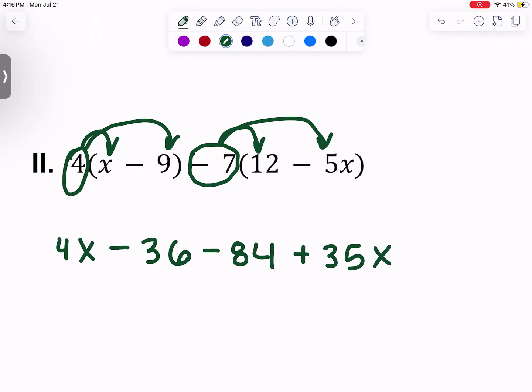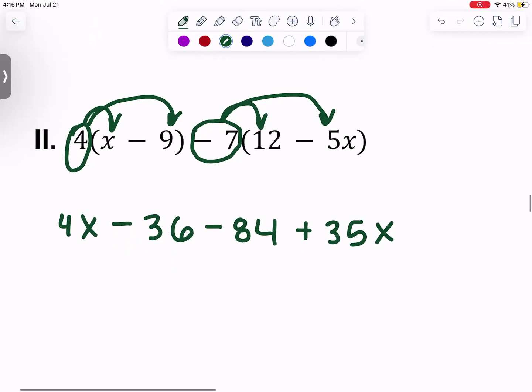Then we use combine like terms. So we do 4x, underline it once, and we look left to right. Are there any other x terms? Yes, 35x. Underline it once.